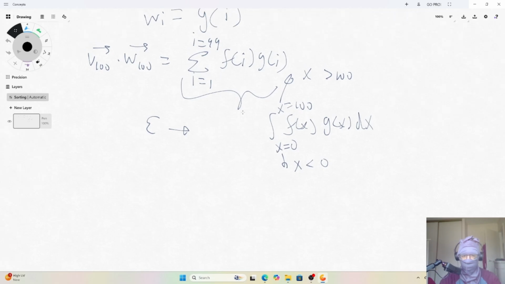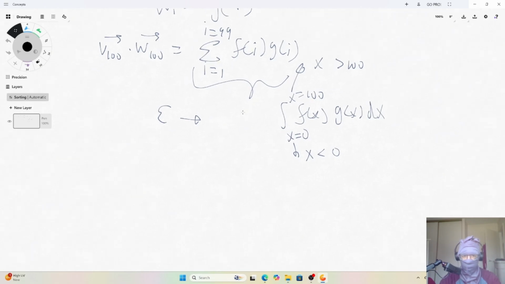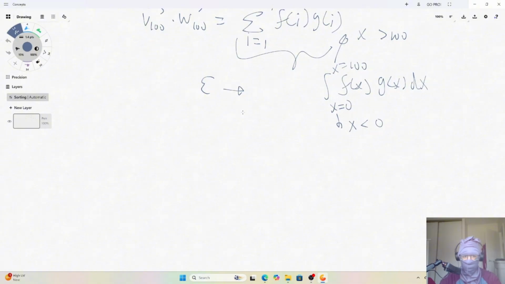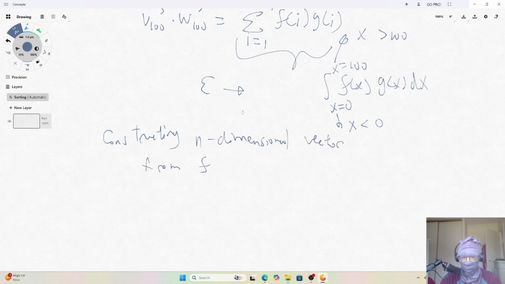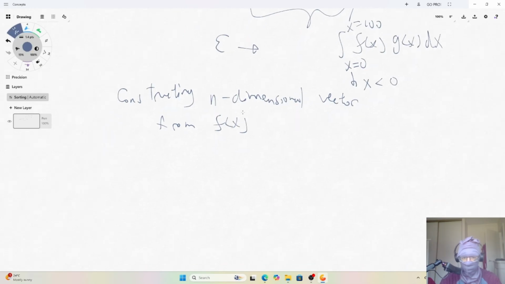So before going further, let's generalize the procedure of constructing an n-dimensional vector from a function. So suppose that the dimension is n, then from f you can extract a vector.